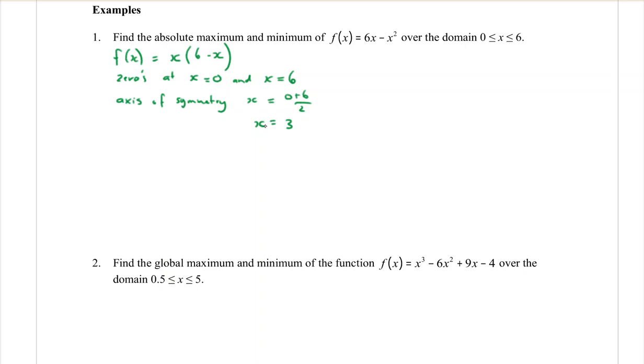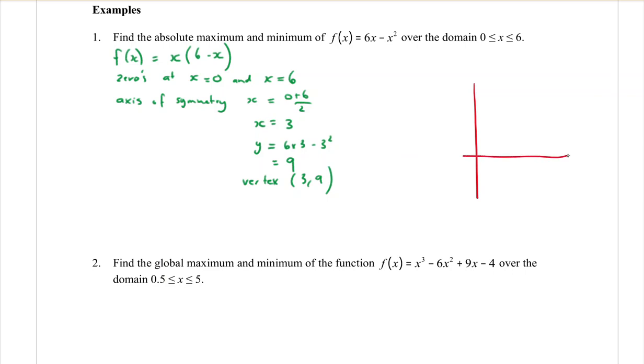Once I know the x value of the turning point, I then sub it into my original equation to find the y value. So that would be y equals 6 times 3 minus 3 squared. So that's 18 take away 9, which equals 9. So because we know this is a parabola, we have found the vertex of the parabola, which would have coordinates (3, 9).